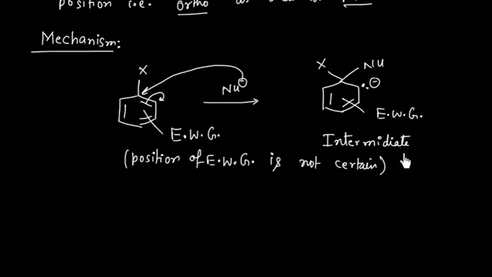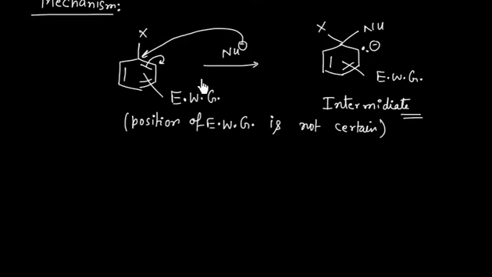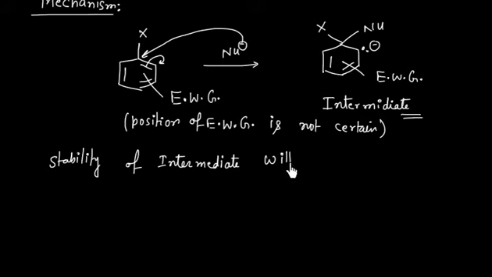Any factor that will stabilize this intermediate will make the reaction proceed at a faster rate. So we want to stabilize this intermediate. The stability of the intermediate will increase the rate of substitution.